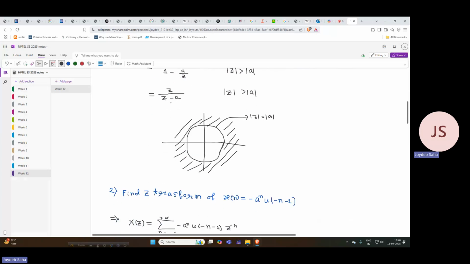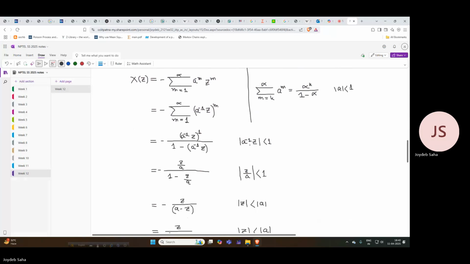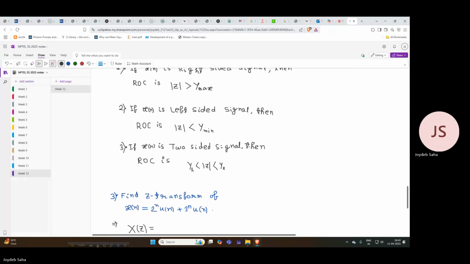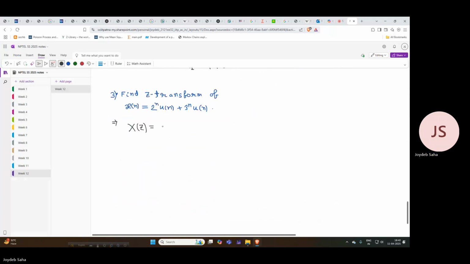It was z by z minus a, for mod z greater than mod a. So we can write it as z upon z minus 2 plus z upon z minus 3.